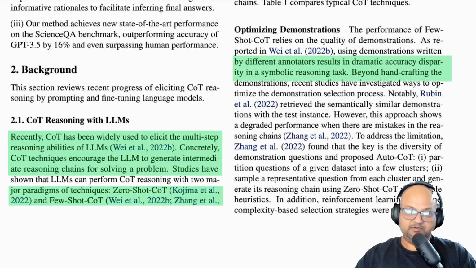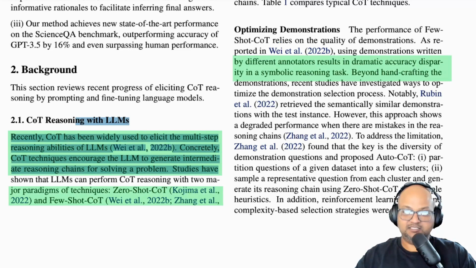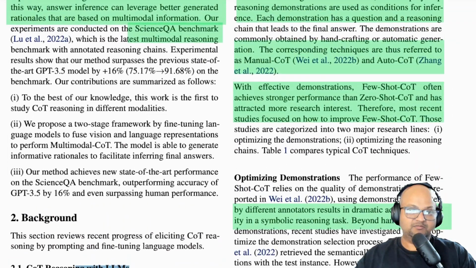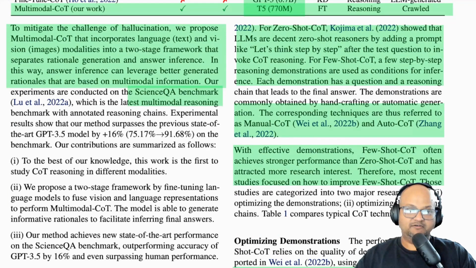So first, let me quickly explain what chain of thought prompting is. What researchers have found is that when prompting an LLM on a reasoning question, a question that involves some kind of logic or steps of reasoning to arrive at a conclusion, so-called chain of thought prompting is much more effective than simply asking it for the answer.